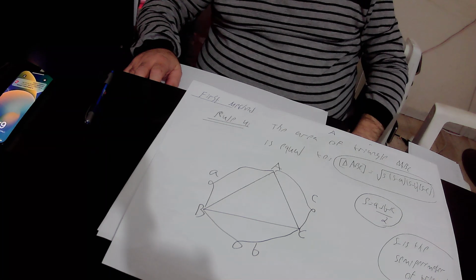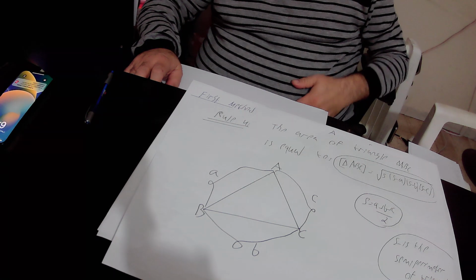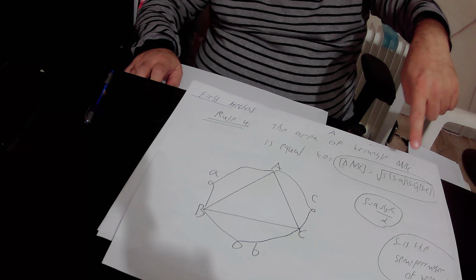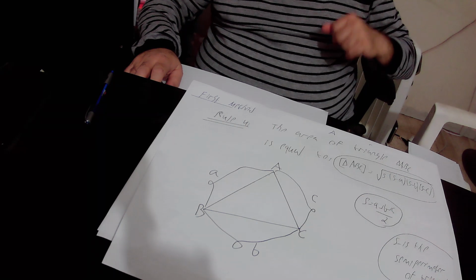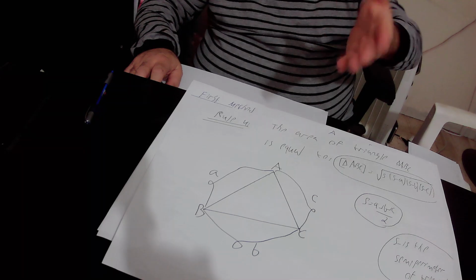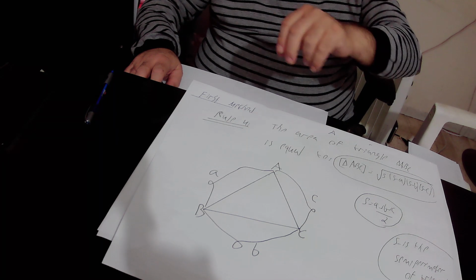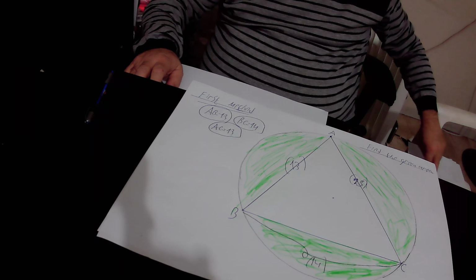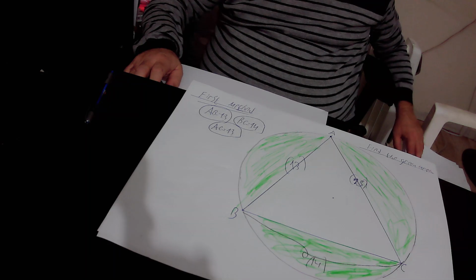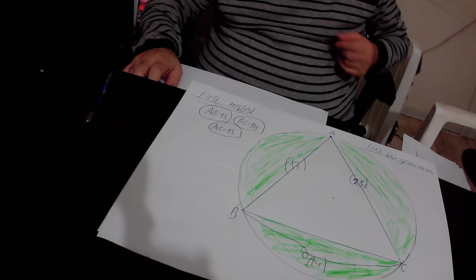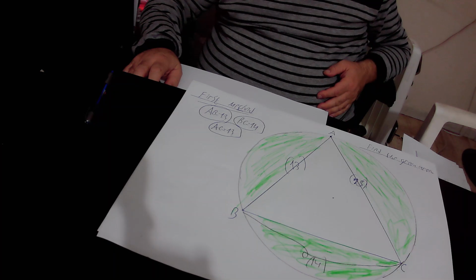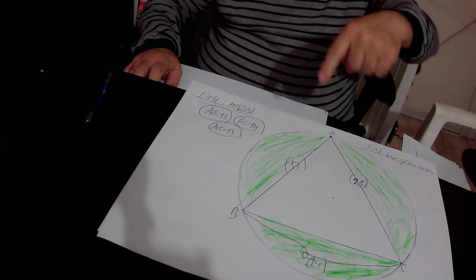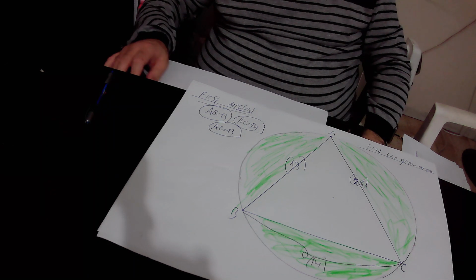So the area of this triangle ABC equals the square root of S times S minus A times S minus B times S minus C. So actually we can implement this new rule number 4 in our drawing. Well, in our drawing we have this triangle ABC. So first of all, we find out the semi-perimeter of this triangle ABC.